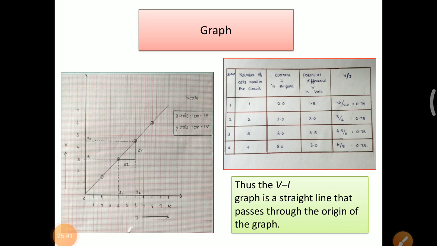Now I am going to draw a graph for these values. For plotting a graph, you know that you have to take a graph sheet and draw the x-axis and y-axis.